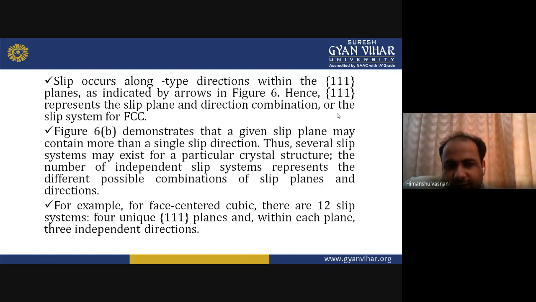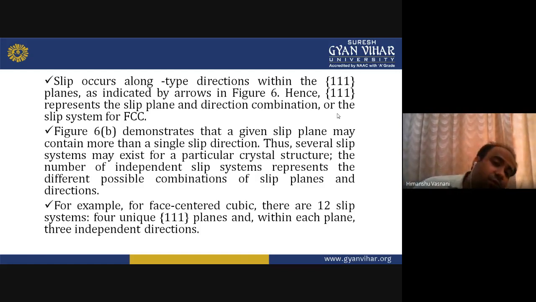Figure B demonstrates that a given slip plane may contain more than a single slip direction, and several slip systems may exist for a particular crystal structure. It depends upon the structure. The number of independent slip systems represents the different possible combinations of slip planes and directions.